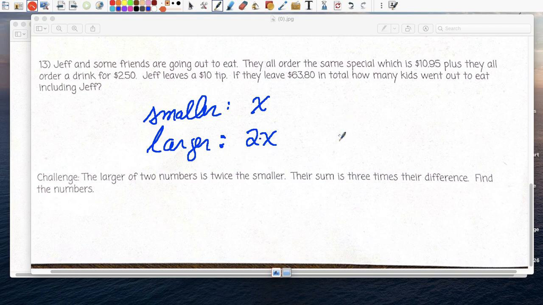Their sum is 3 times the difference. Find the numbers. So if it says their sum, what is their sum? Well, if I add x plus 2x, it's going to equal 3 times their difference.